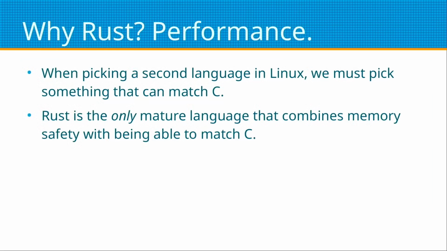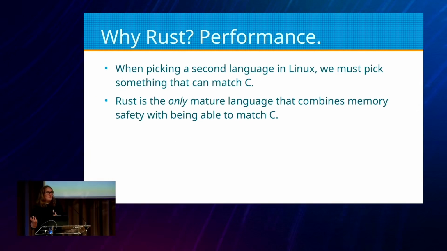What I'm really going to say here is that when we pick a second language for something like the kernel, one of the prerequisites is that the language you choose has to be able to at least match C. I'm not going to go into this point too much, but a lot of what Rust does is at compile time, and it uses LLVM and so on like C. So in general, it can match C, and I have seen this work out in practice as well.